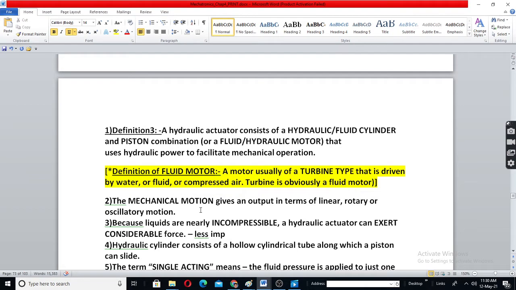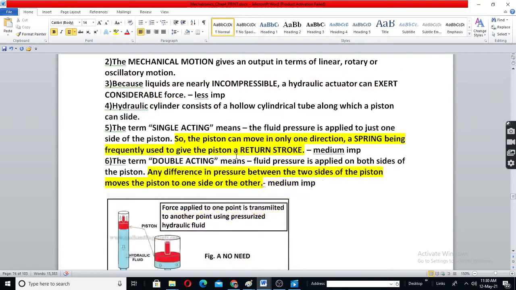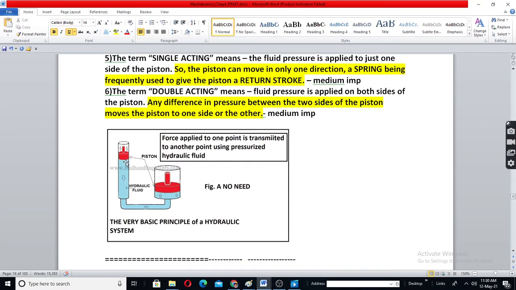You have vane motor also, slightly modified. Details are not necessary for us. Liquids are almost nearly incompressible. Hence, we can predict the motion in hydraulic system. When you press this, to what extent this moves, we can calculate by the ratio of area of cross section between this cylinder column and this cylinder or column.